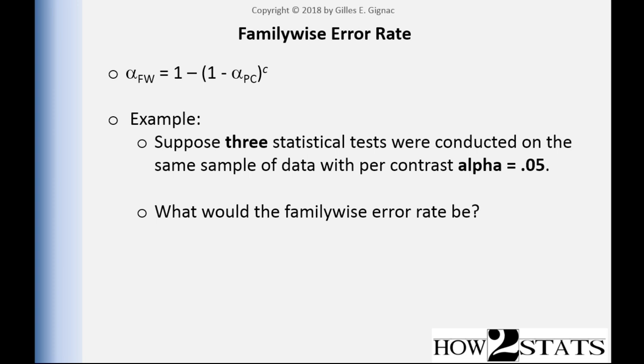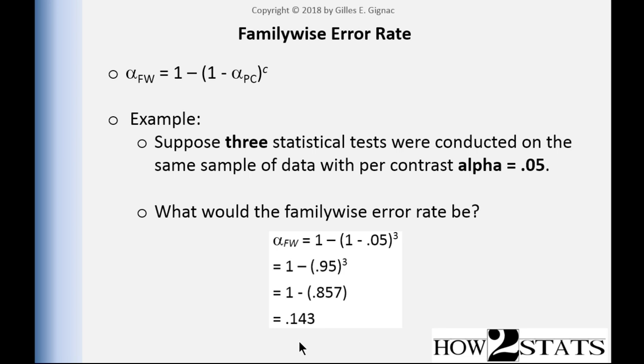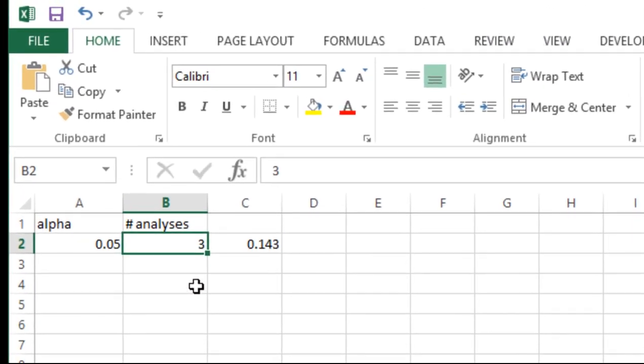Well, when we fill out the numbers in the formula, we get the answer of 0.143. So the family-wise error rate is about 14%. There's a 14% chance that one of the 3 statistical analyses is going to reject the null hypothesis erroneously, when it shouldn't have.